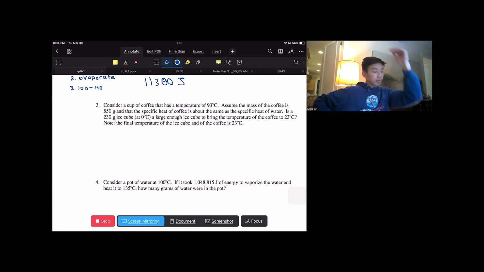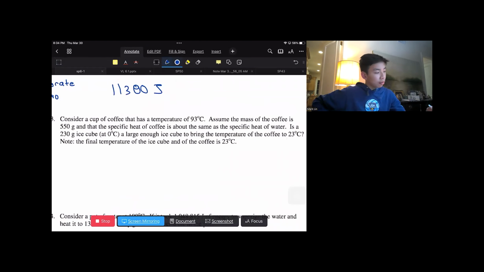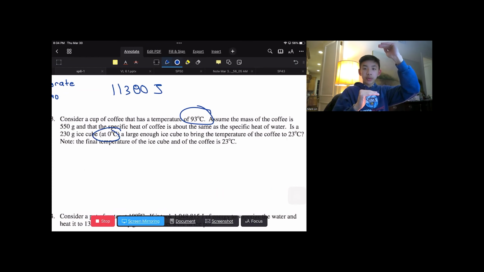The coffee cup is at 93 degrees Celsius, up here, and the ice cube is at 0 degrees Celsius. When you drop the ice cube into the coffee, the ice cube's temperature is going to rise and the coffee temperature is going to lower until we hit about an equal temperature, which is going to be 23 degrees Celsius.